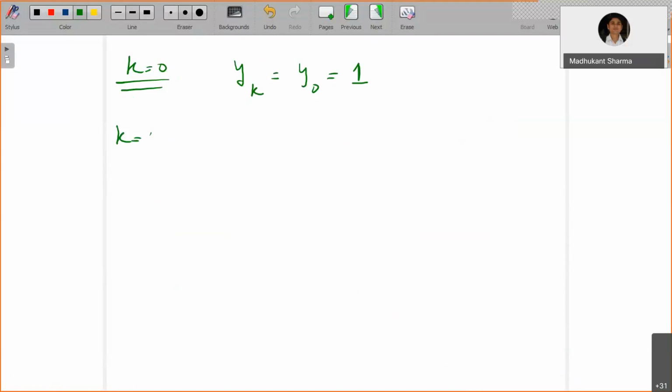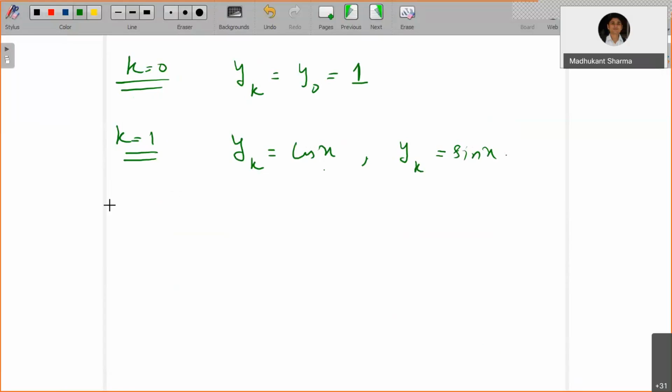For k equals 1, one yk is cos x, and another yk is sin x. Cos x plus sin x was there, but still you can consider the case C1 equals 1, C2 equals 0, and C1 equals 0, C2 equals 1. So for each k value, you will have two eigenfunctions.